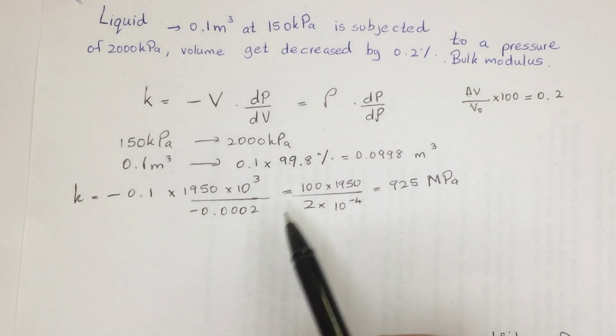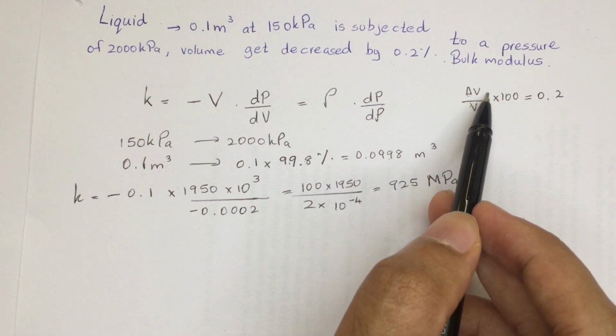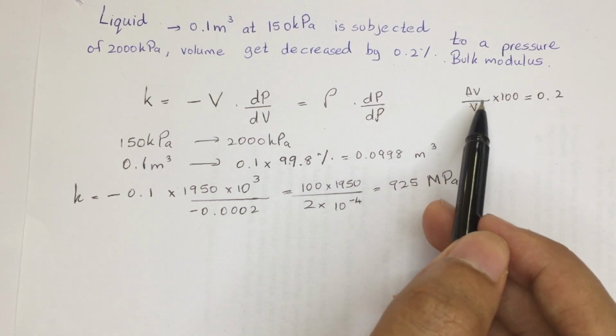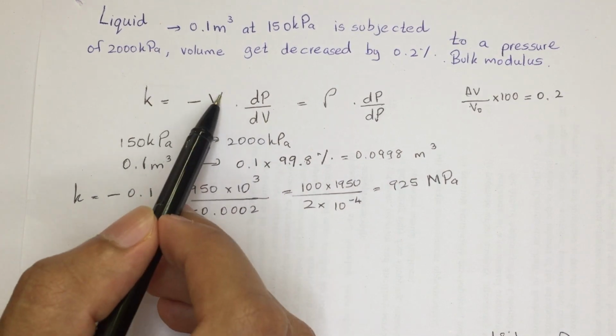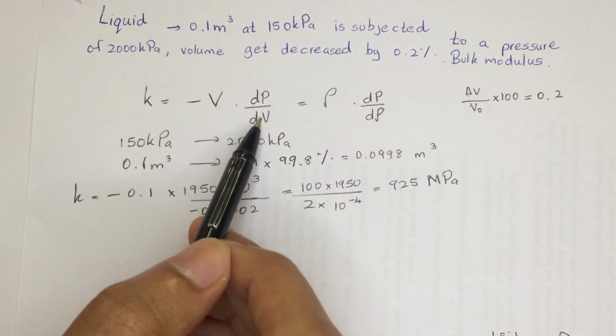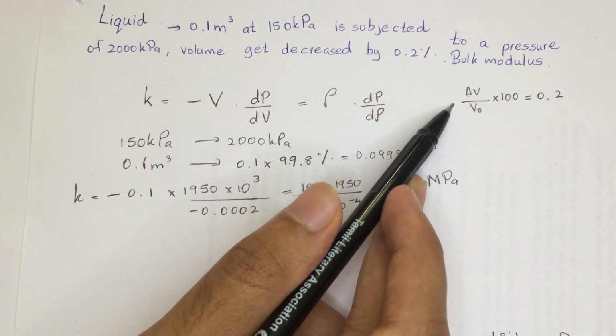That's the main thing. If you know that, you can directly substitute and get the answer. We don't need to find the delta V separately, because in this equation, if you bring the 100 down, you are going to get delta V divided by V naught, which is the initial volume.